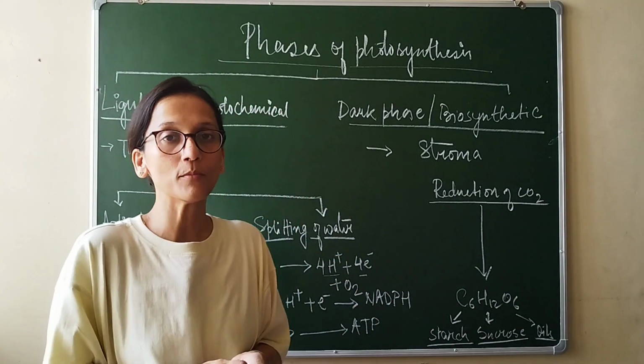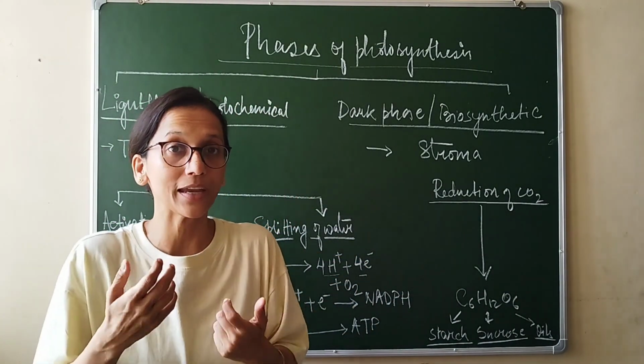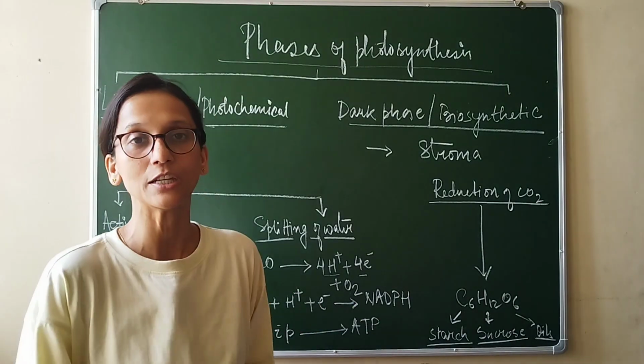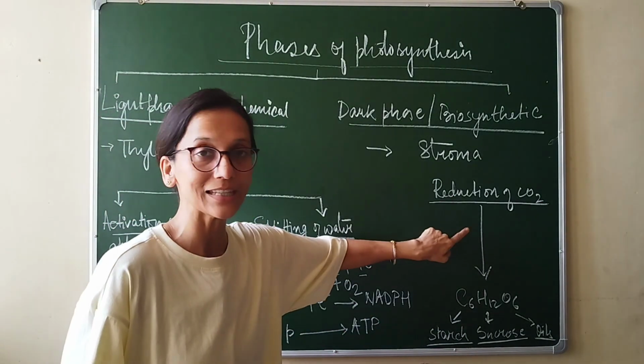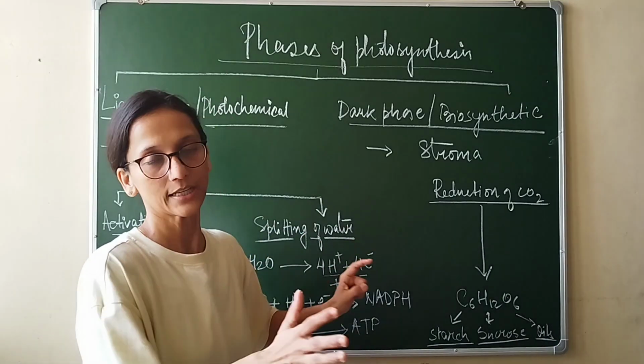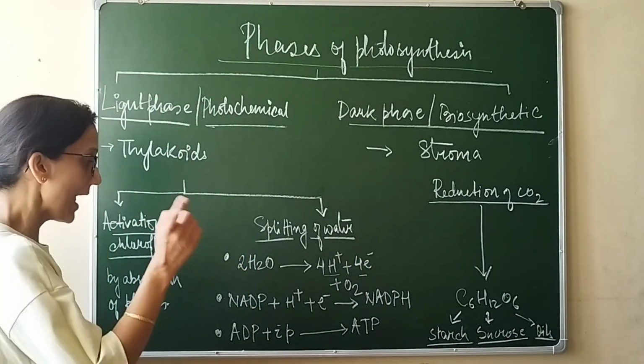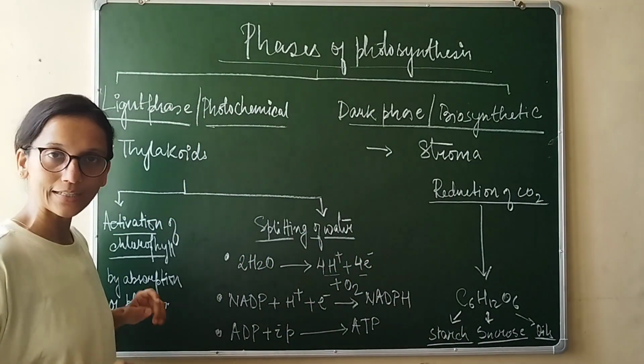This is a form of storing energy. जैसे हम ATP जानते हैं वैसे ही एक assimilatory power है NADPH. This is used in the next process. क्या होता है नेक्स्ट प्रोसेस में? We will discuss afterwards.